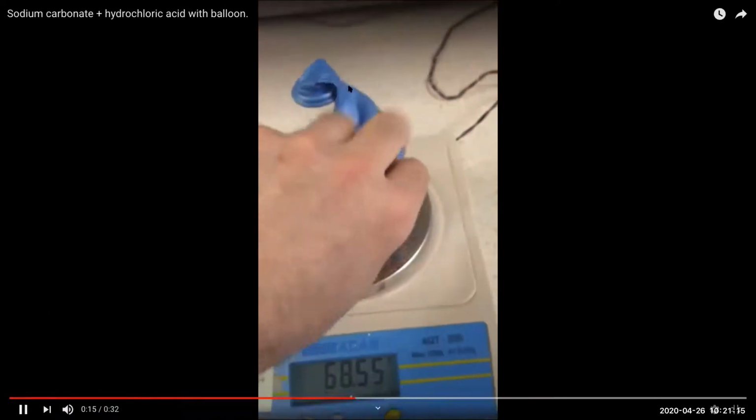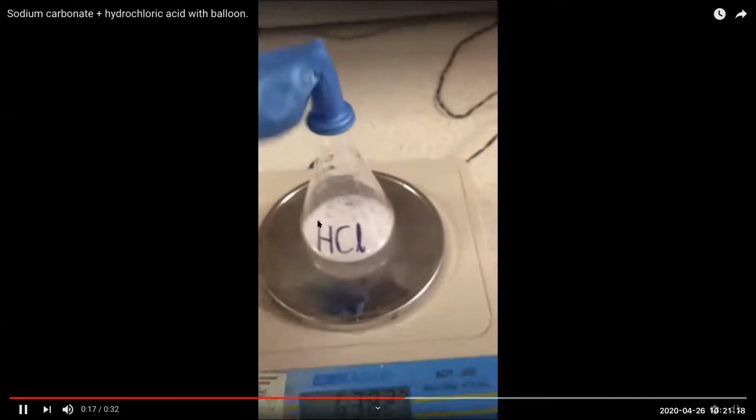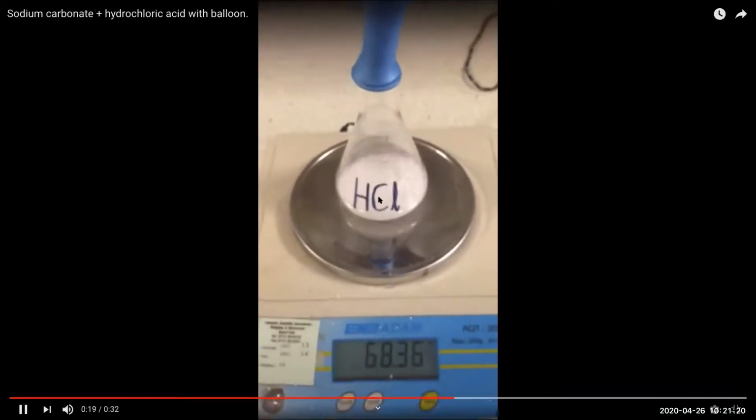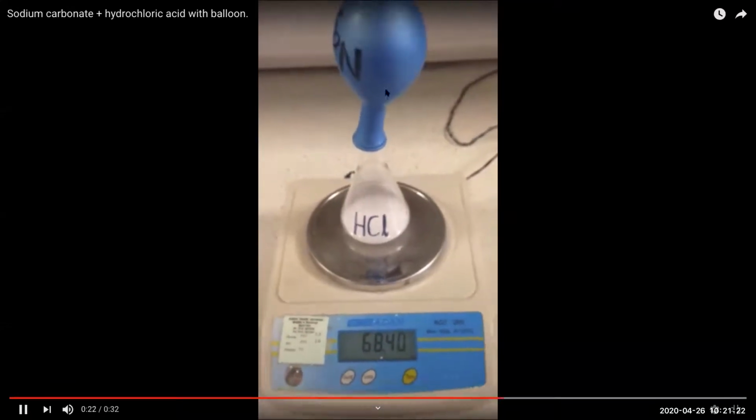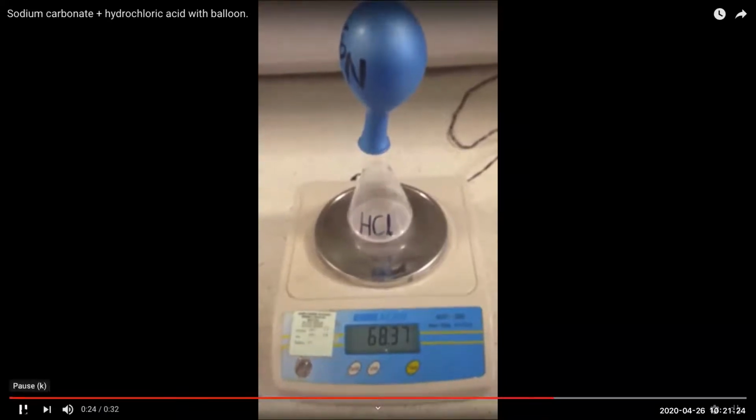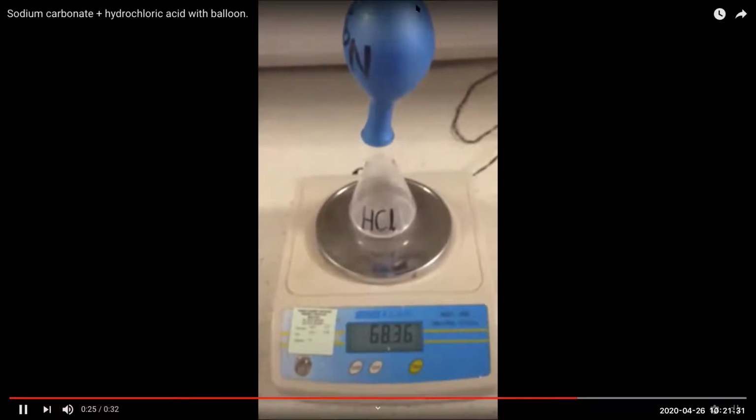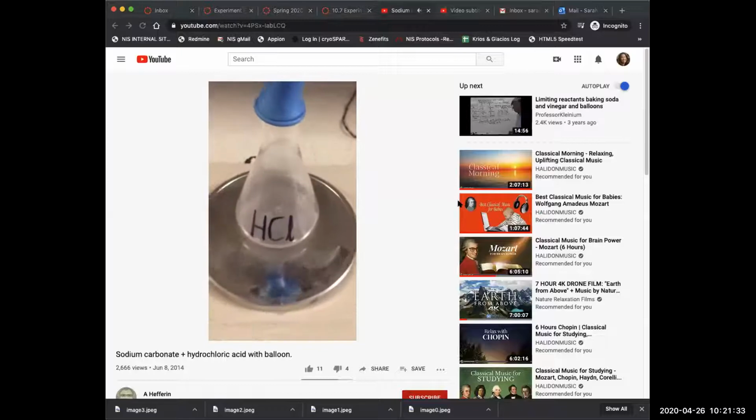Here he's going to toss it. You can see it's adhered. So you have the solid. And here, as this is generating, we see bubbles, right? The reason that they have the balloon here is that they want to show you that there's gas being produced. It's a really nice way to show you that. So let's go ahead and write this down.